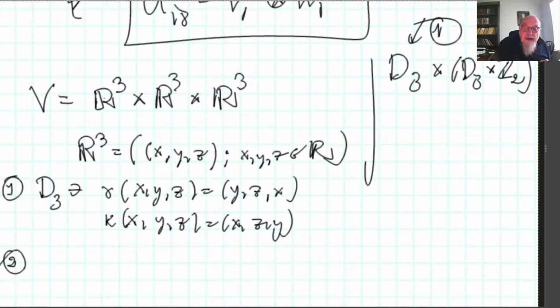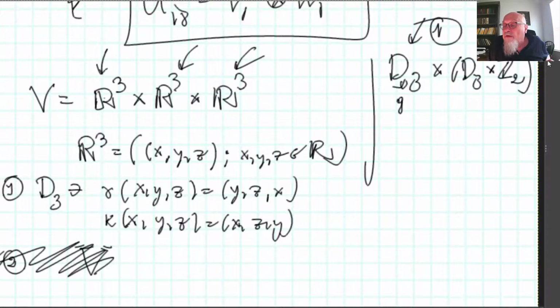And how does the number 2 act? The number 2 acts on the big one, on the V. So we have here actions on every one of those R3. The first copy of D3 acts simultaneously. This is like a diagonal. Maybe I should be more precise.